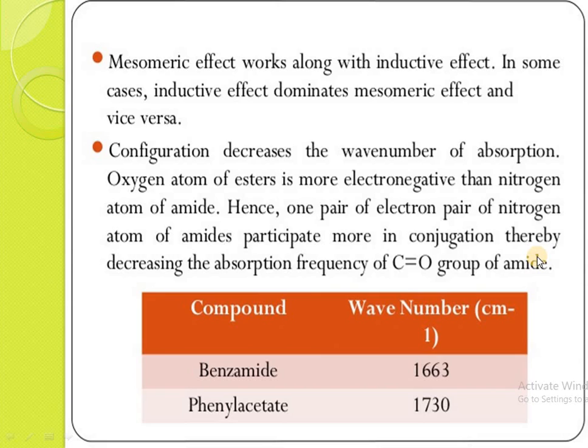As shown here, in benzamide, the CONH2 group is present. Due to conjugation of the lone pair of electrons of nitrogen, the wave number is 1663 centimeter inverse, that is, it is less. And in the case of the ester phenyl acetate, it is 1730 centimeter inverse, it is more.